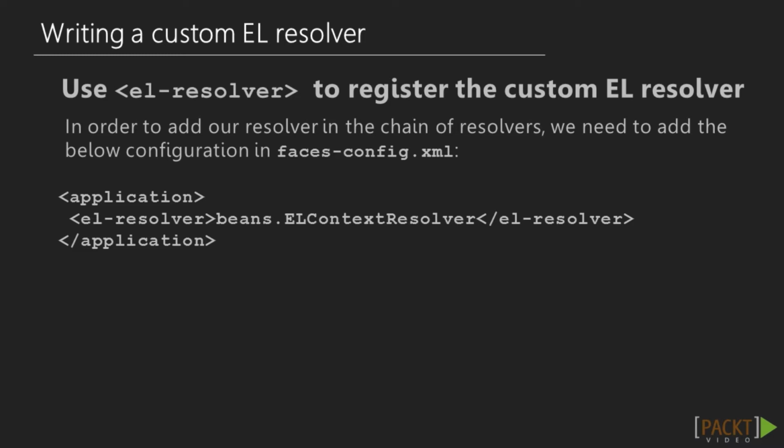When JSF finds this config, it will add the ELContext resolver next to the existing ones. So, when the EL context expression needs to be resolved, JSF will apply the chain of resolvers, and at some moment, it will find the ELContext resolver as the proper resolver for the ELContext variable.